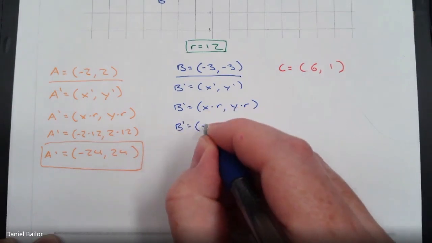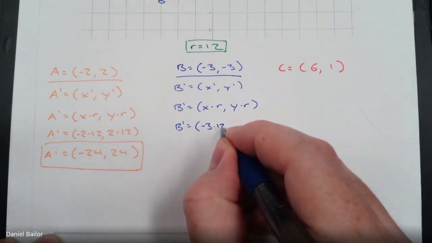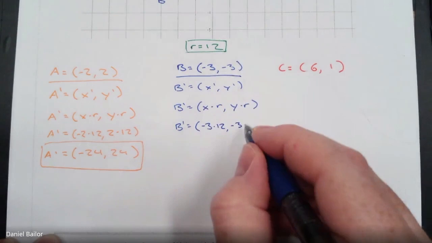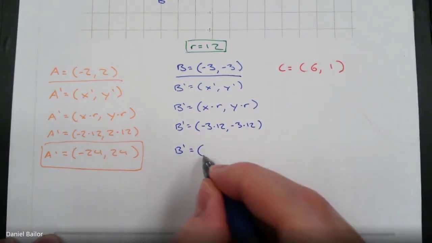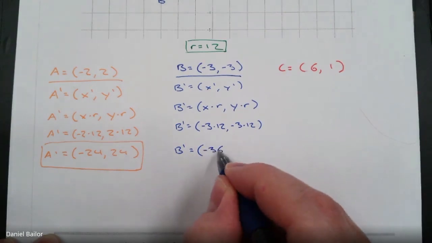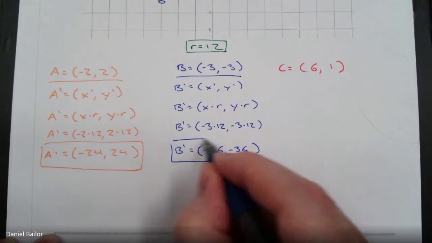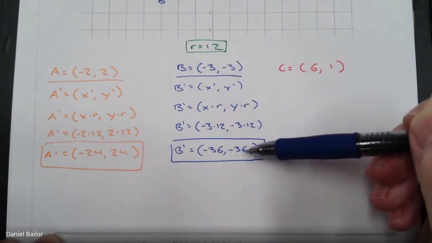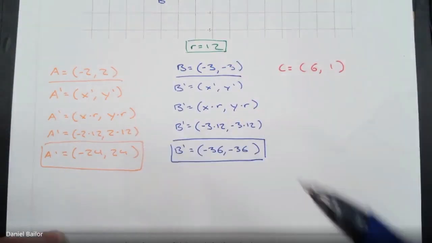X is -3. R is 12. Y is -3. And R is 12. So the coordinates for B prime are going to be -36, -36. Before the dilation, after the dilation.